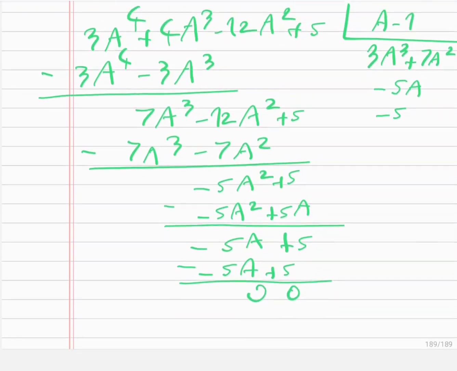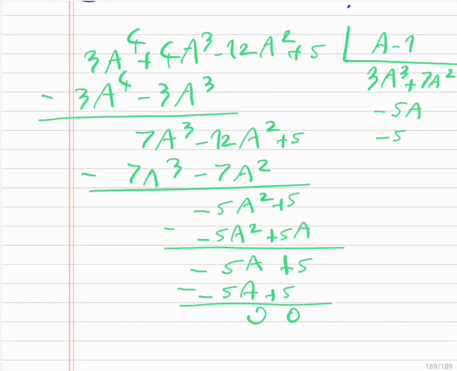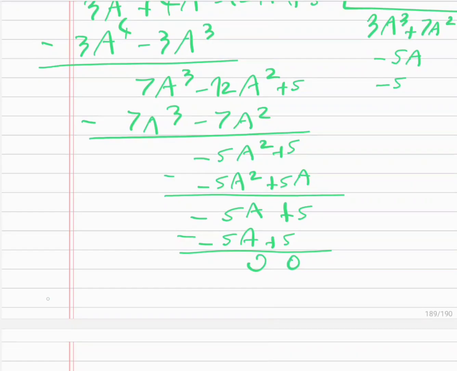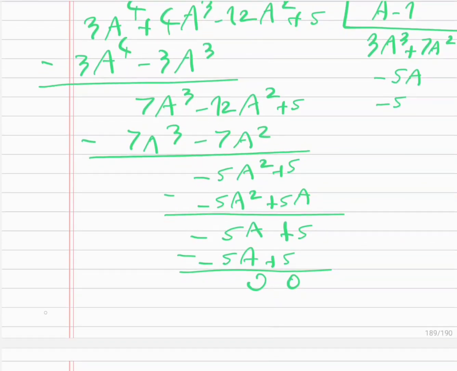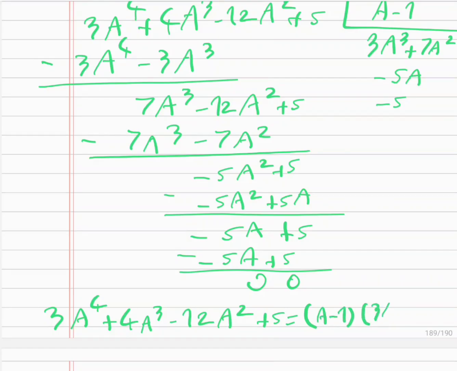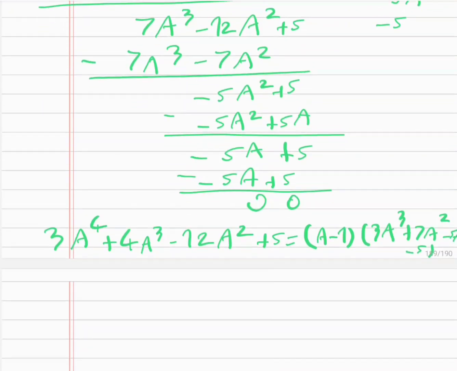Okay, so basically the entire equation is 3a to the power of 4 plus 4a cubed minus 12a squared plus 5. But we found that a minus 1 is a factor, and also with long division we have 3a cubed plus 7a squared minus 5a minus 5 as another factor.